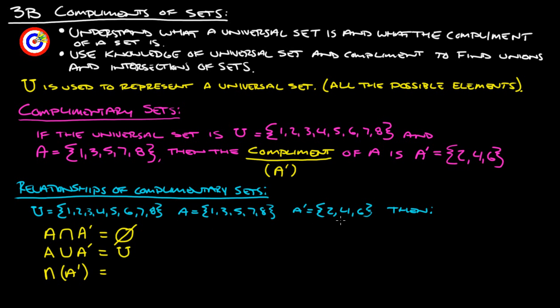So this 3, you find the number of elements in the complement by taking the universal set and subtracting all the elements that you used in set A, and that will leave you with the number of elements that you have in the complement of A. So basically it's just the number in the universal set minus the number in set A should always give you the number of elements in the complement of A. All right? Okay, let's take a look at some examples from our book.